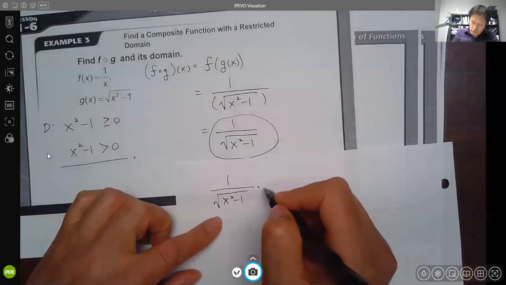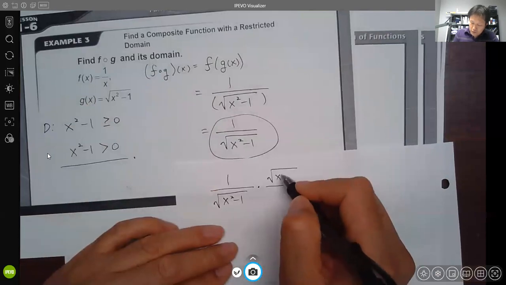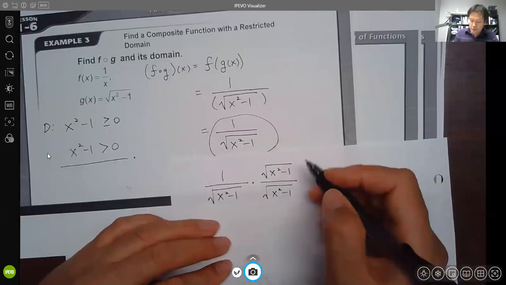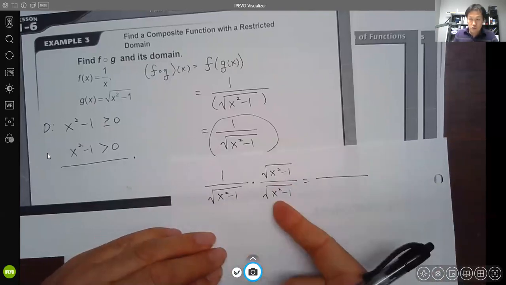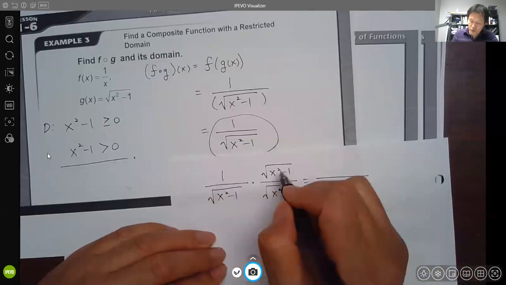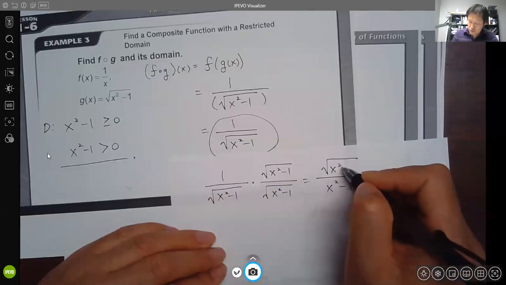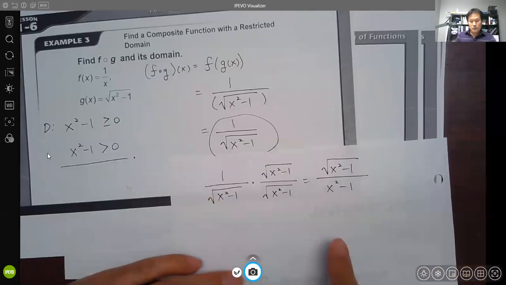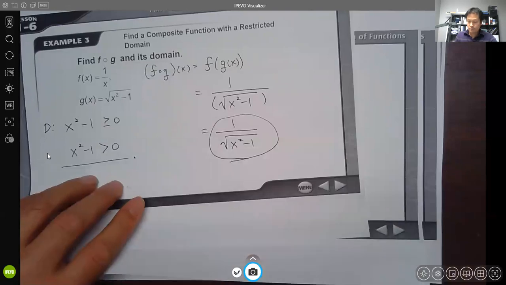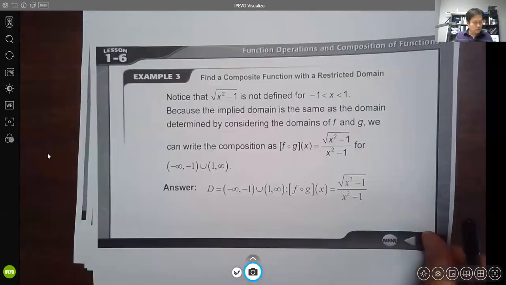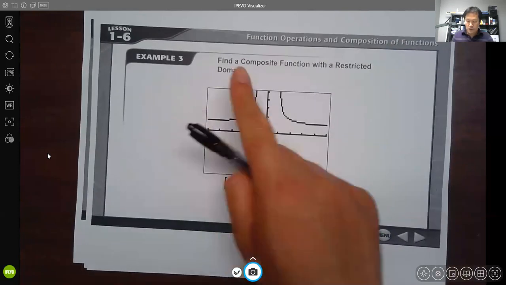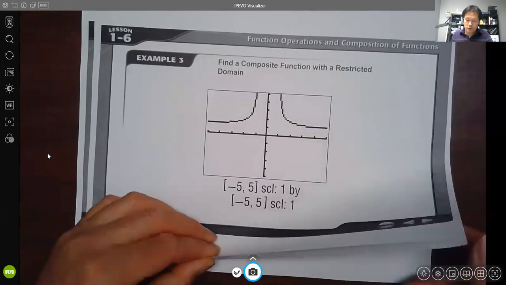So what you have to do is multiply by the square root of x squared minus 1 over the square root of x squared minus 1, numerator and denominator. So the square root disappears. X squared minus 1 on the bottom, 1 times this root is just the root. So for ALEKS, you might have to do this as a final answer. And if you sketch using a graphing calculator, that's that.